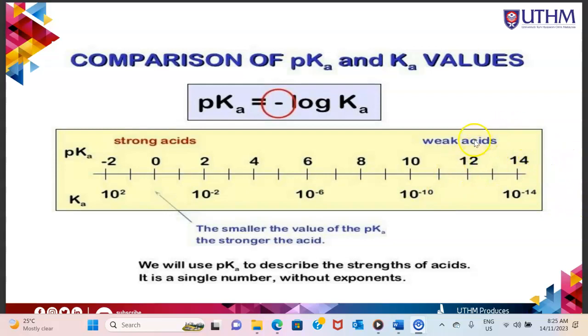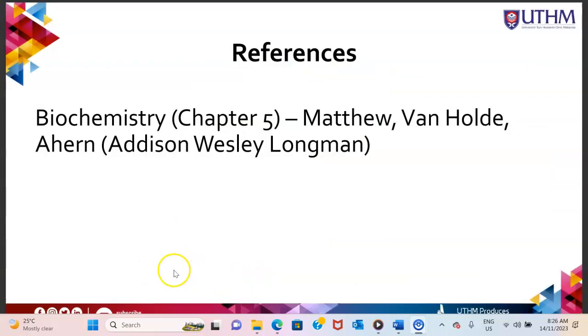And for a weak acid, pKa of 14, we will have a Ka of 10 to the power of -14. So the smaller the value of pKa, the stronger the acid is. So we will use pKa to describe the strength of an acid. It is a single number without the exponential. Okay, that's it for this part. Thank you.